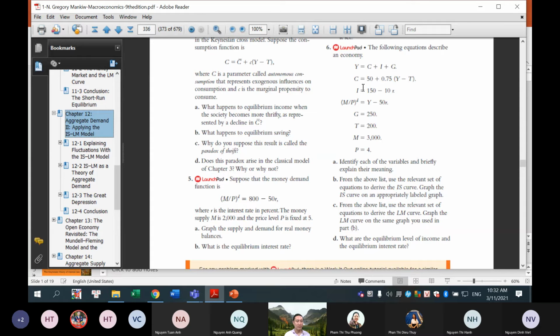Next, I expresses the investment spending. G expresses the government spending. The letter R expresses the interest rate. T for taxes, P for price level, and M for nominal money supply. Exactly. Okay, now let's construct the IS equation.